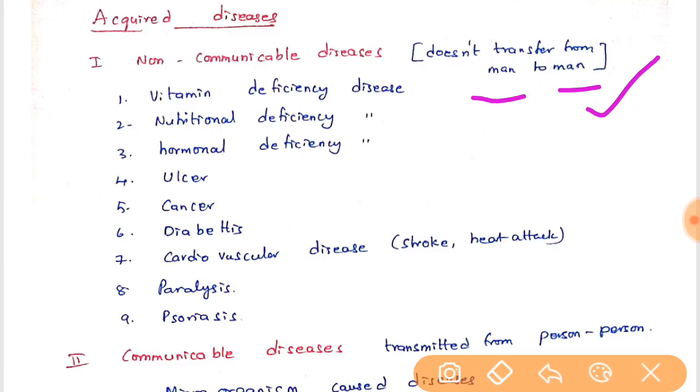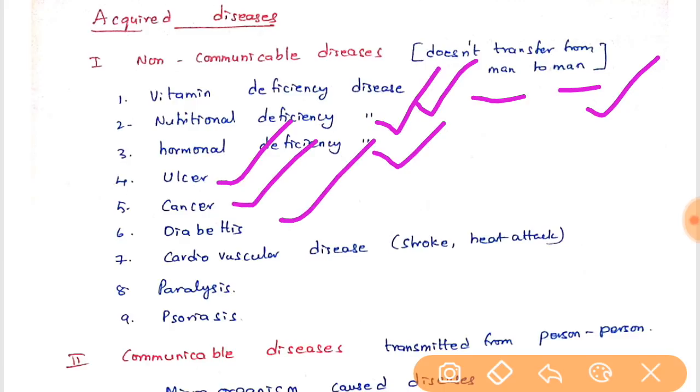So vitamin deficiency diseases, nutritional deficiency diseases, hormonal deficiency diseases, ulcer, cancer, diabetes, cardiovascular diseases, that is heart diseases, stroke, paralysis, psoriasis. All these diseases are non-communicable diseases.